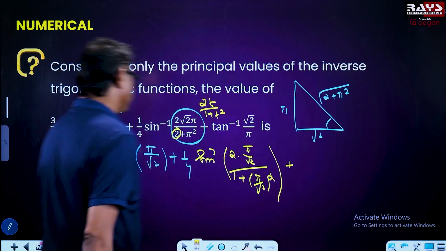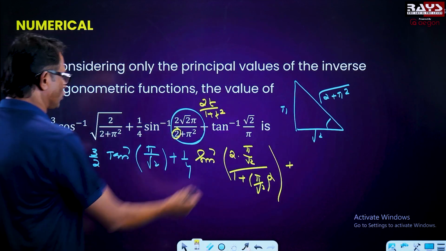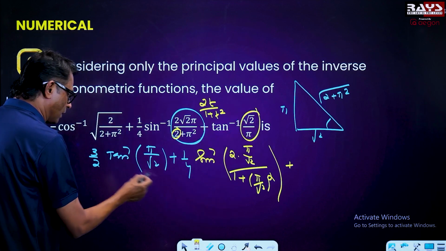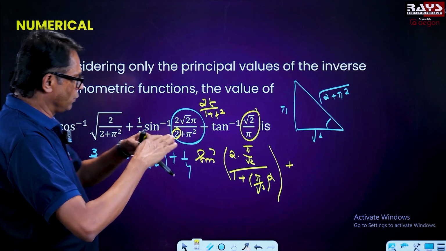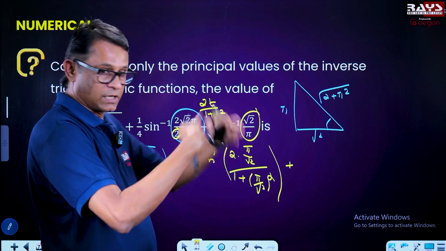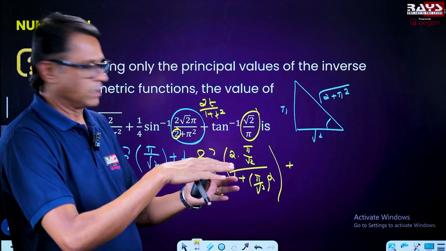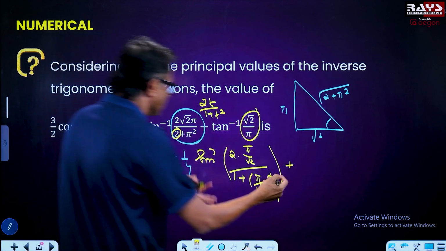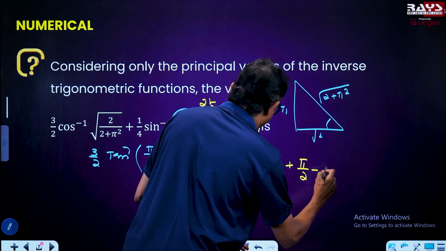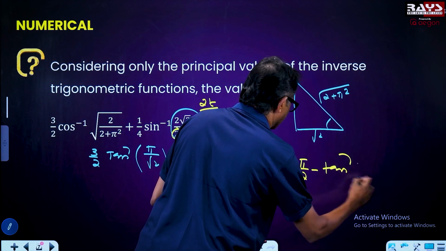Now this is root 2 by pi and this is pi by root 2, so you take the reciprocal, that means cot inverse pi by root 2, which we can write as pi by 2 minus tan inverse pi by root 2.